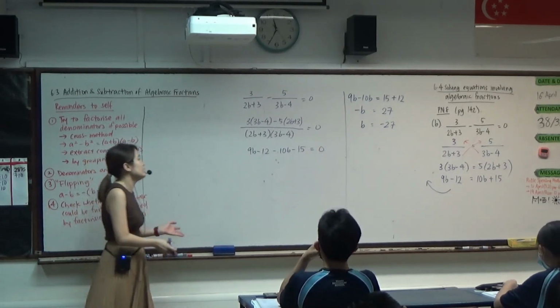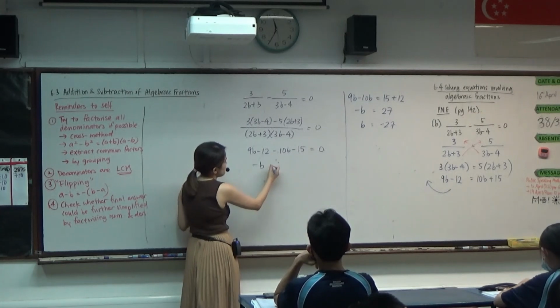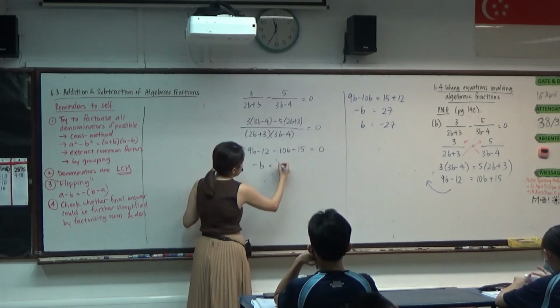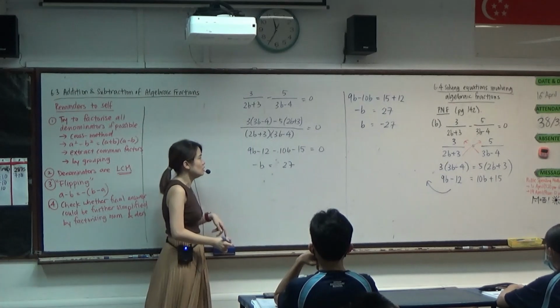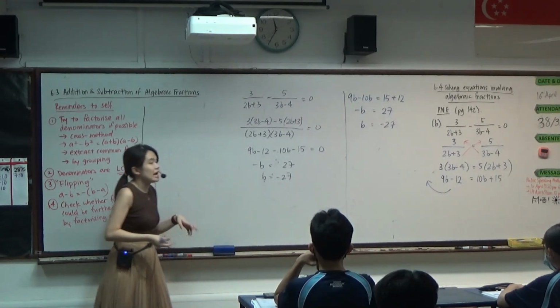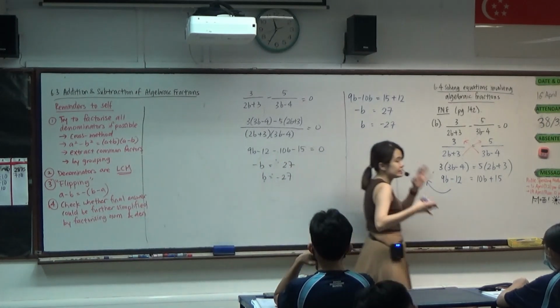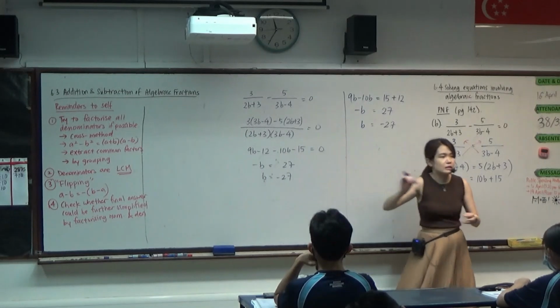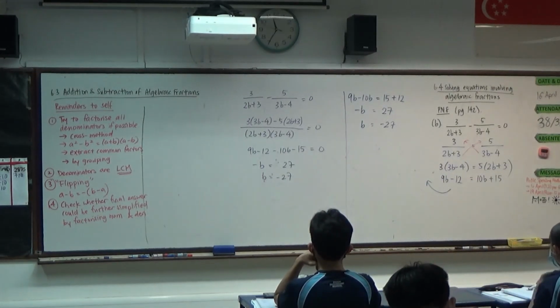Then after that I will be able to solve 9b minus 10b is negative b, minus 12 minus 15, that will give us 27 on the right. So b is negative 27. I kind of reduced the steps a little. But in this entire process, there's a lot of attention that you need to give to each step in order to make it a shorter working.